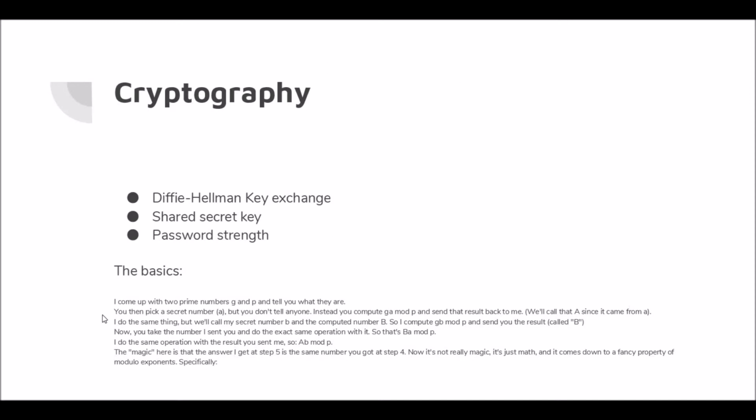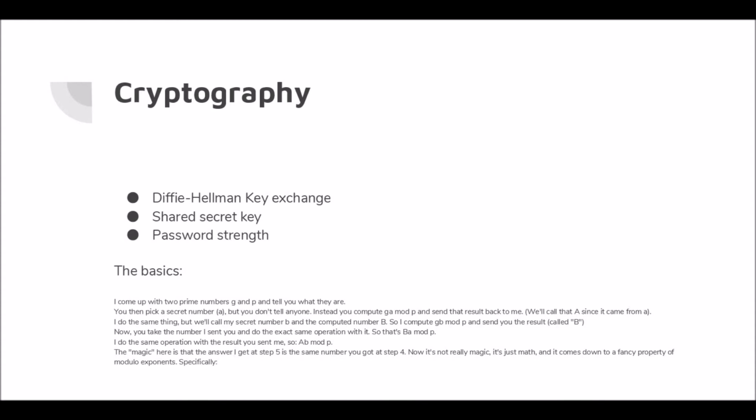And how it works is I come up with two prime numbers. I'm the client, and I tell the server what they are. You then pick a secret number, but you don't tell anyone, and you compute some other number using g to the exponent of a, which is the secret number you came up with, then take it modulo p, and you send that result back to me. I do the same thing. I don't tell you what my secret number is, even though we shared two prime numbers with each other.